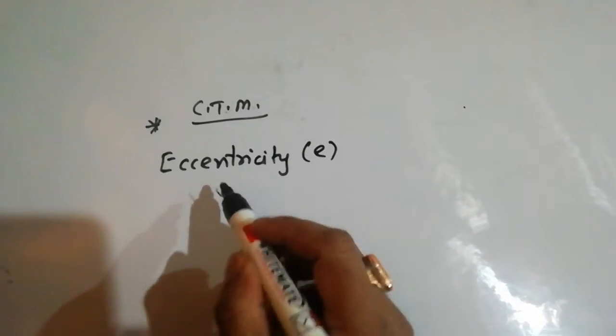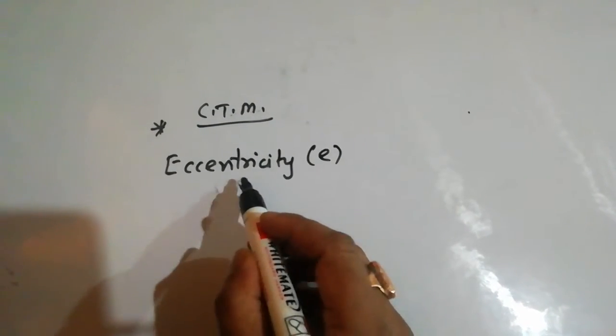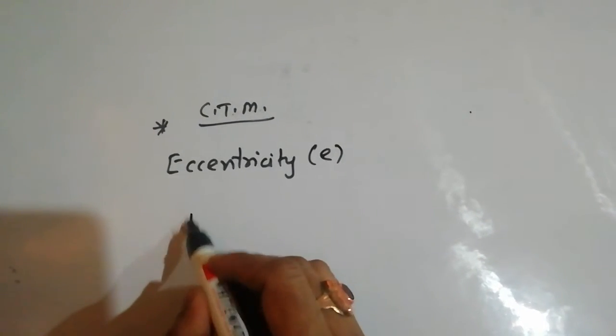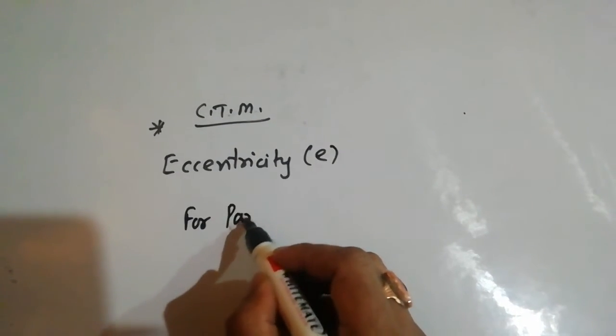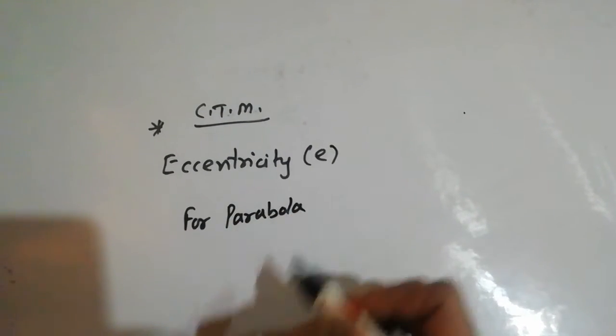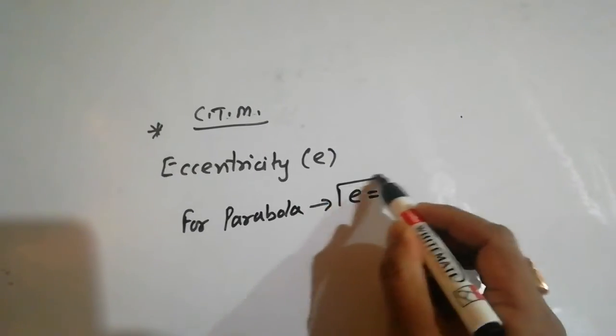This eccentricity I will explain in my next video. Always remember, the value of eccentricity for a parabola is always equal to 1.